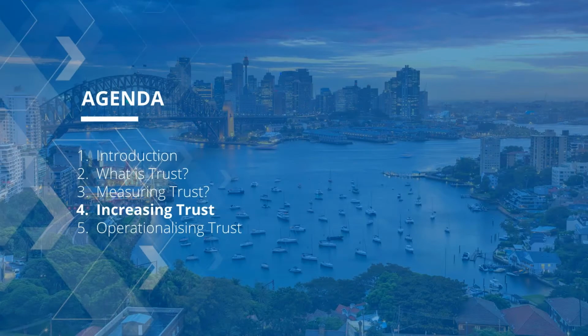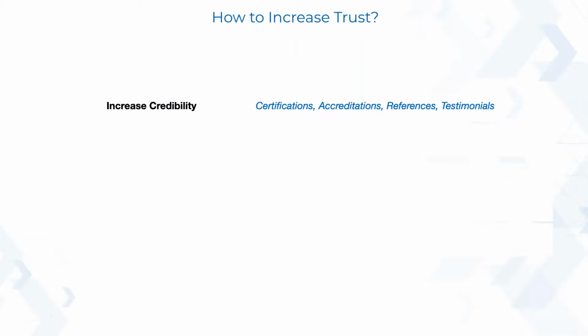So how do you increase trust? We've talked about how to measure trust and how to operate in a world where you're data driven, but how do you actually affect it? It's kind of obvious. Increase credibility, and it's up to you to define what credibility means to your customers. But we need more certs, accreditations, more references, more testimonials.